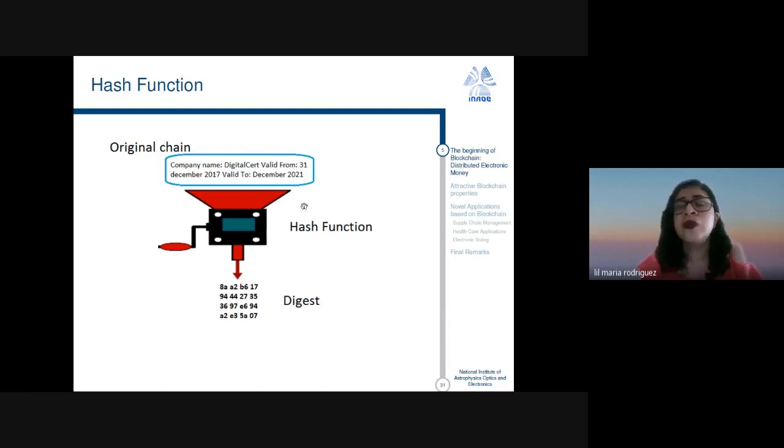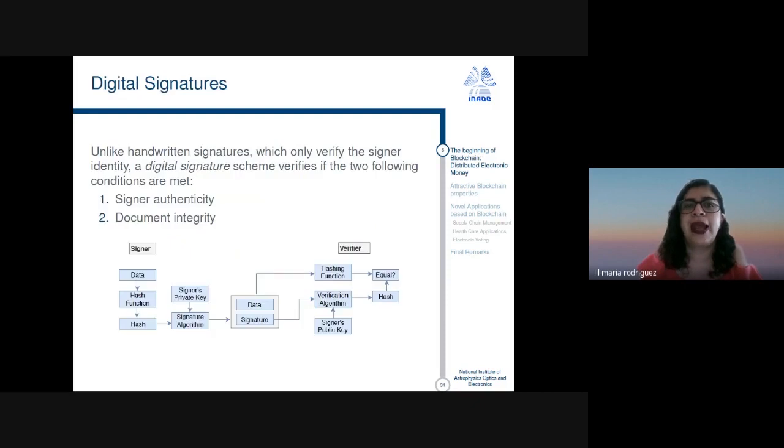What we have to do when we want to check the integrity of a message is to calculate again the hash function over the message, get the new digest, and compare it with the previous one that we got before. If these two digests are equal, we can say that the integrity is okay. But if they are different, then something went wrong at some moment in time.